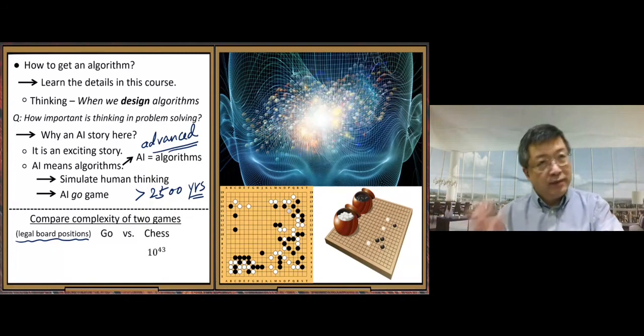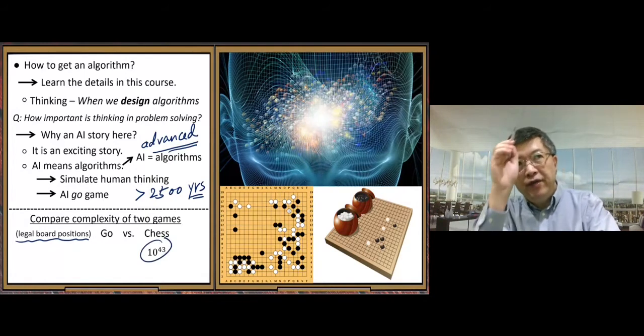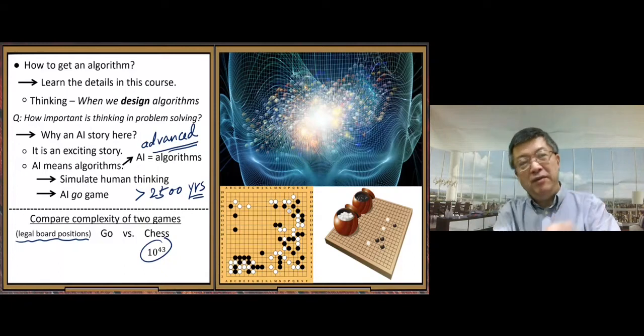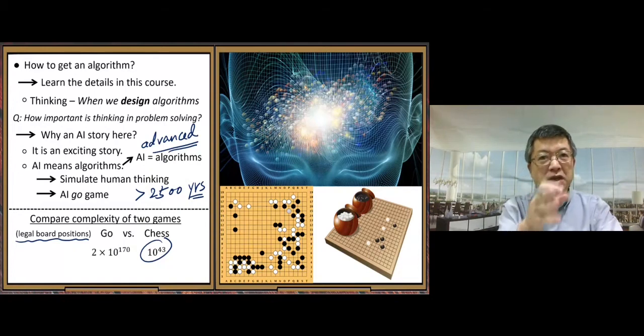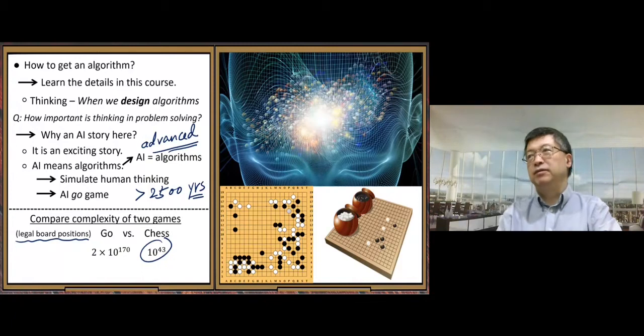So some numbers here. For chess, this many, 10 to the 43rd power, legal board positions. So you can imagine it is a huge number, right? But if we look at the Go game, that number is much, much bigger: 2 times 10 to the 170th power.